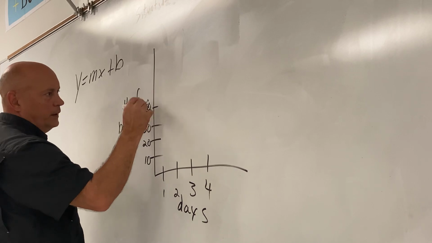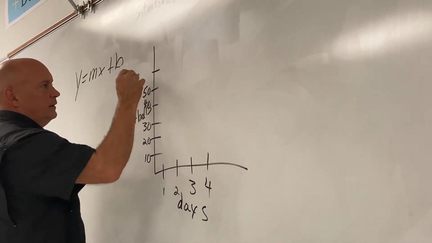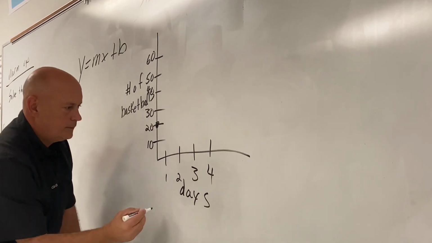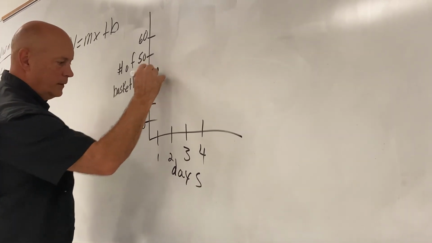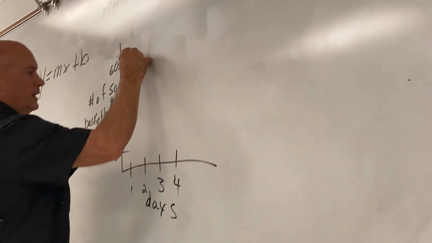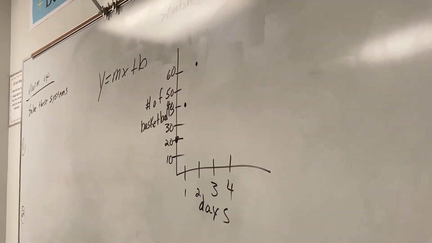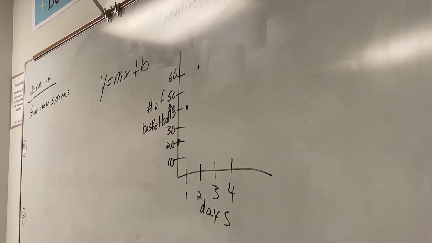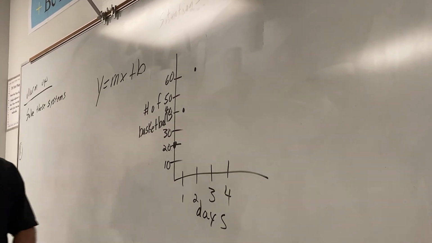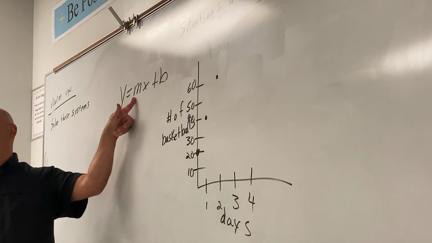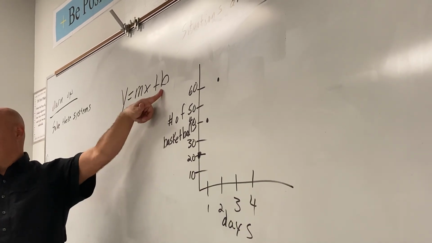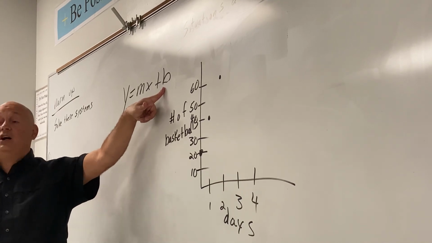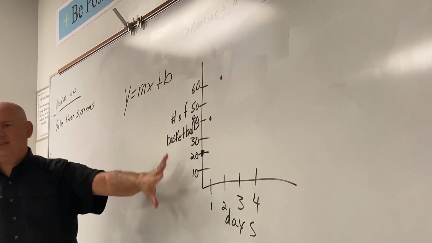That's 40, 50, 60. All right. Let's say they gave me this graph and they asked me to write the equation from this graph. Same thing though, we need to find the rate of change and the starting value.